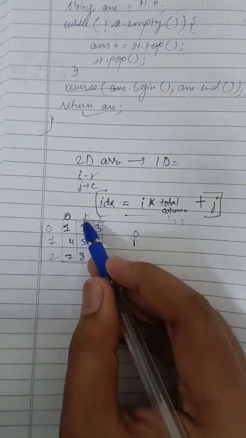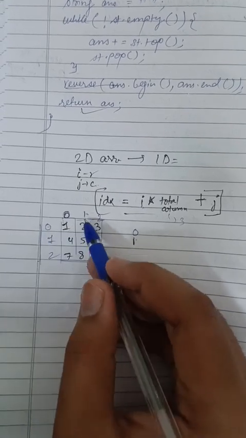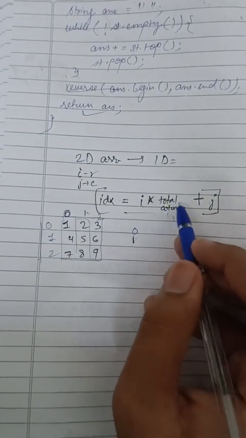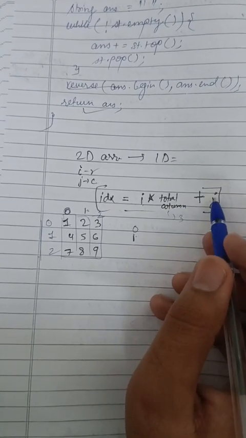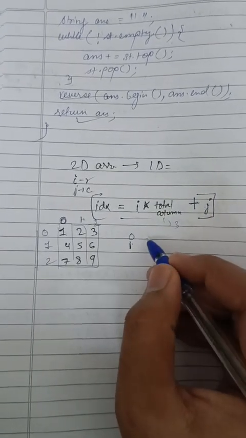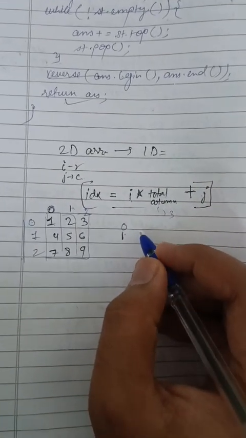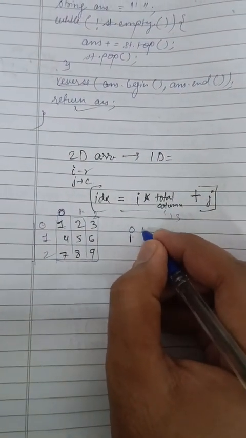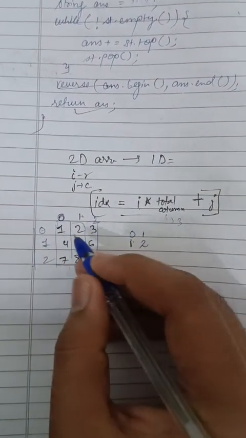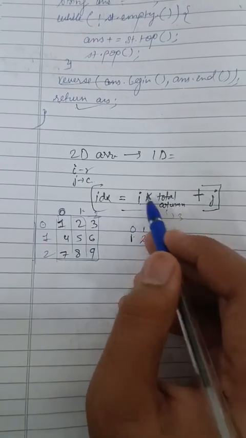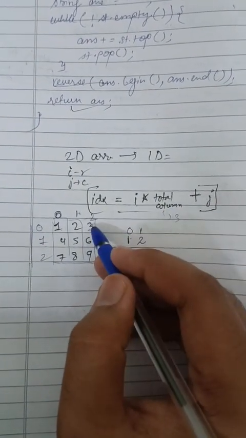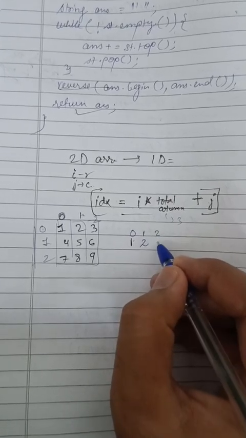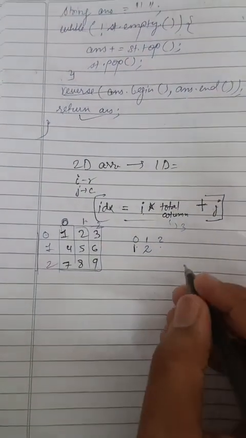Now 0 and 1: 0th row, first column. 0 into total columns is 0, and j equals 1. So at index 1 it will be 2. Now this whole becomes 0 and the column number is 2, so at index 2 it will be 3.